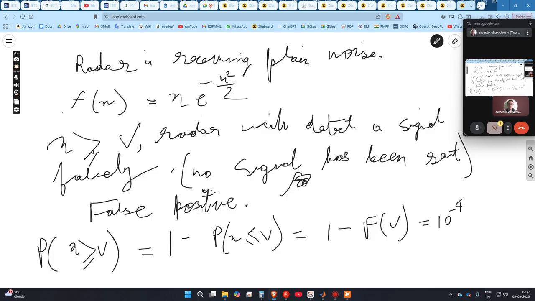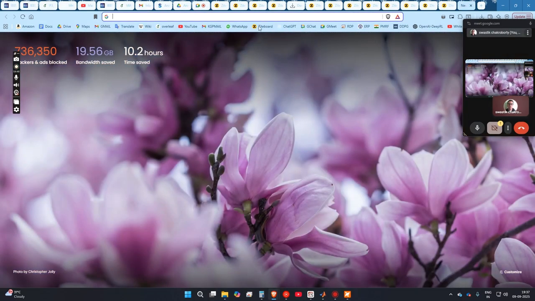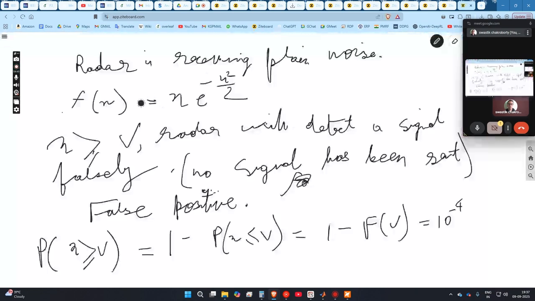Now we have to find the cumulative distribution of this particular function. So f of x is x e to the power minus x square by 2.